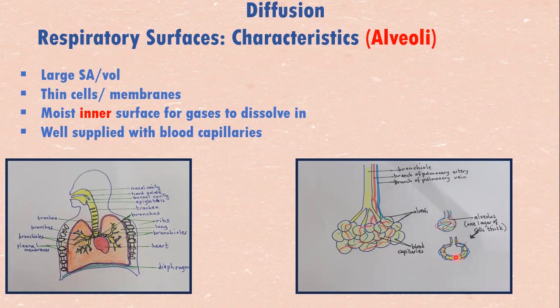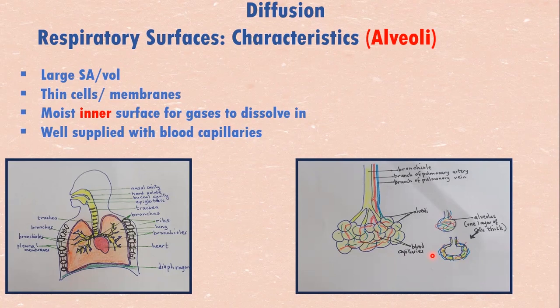And then the alveoli are highly vascularized. They have blood capillaries that completely surround the alveolus, and these capillaries take away the gases that have diffused into the cells. So it meets the characteristics of a respiratory surface.